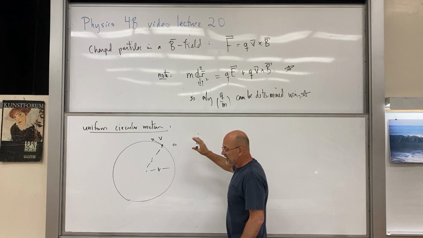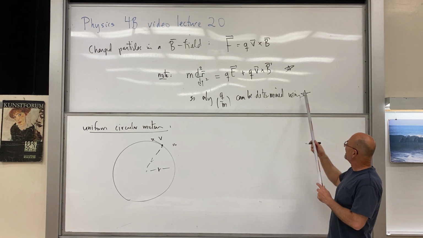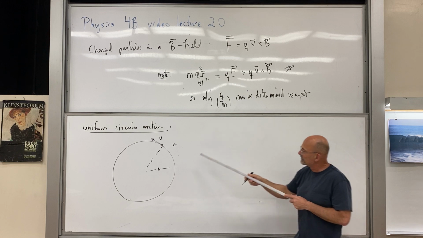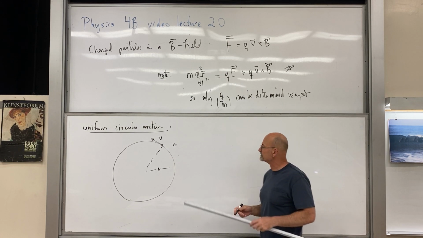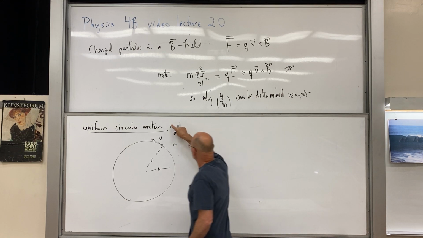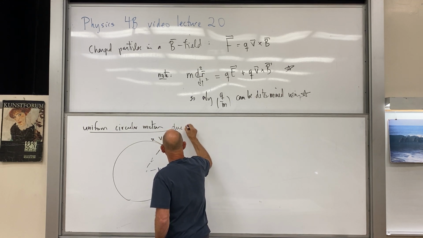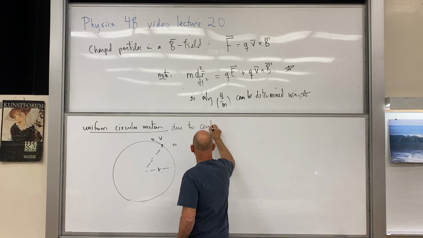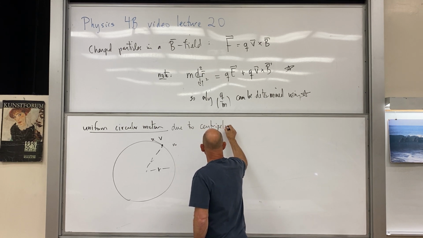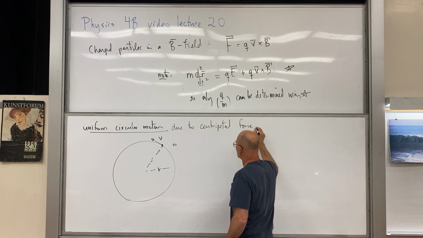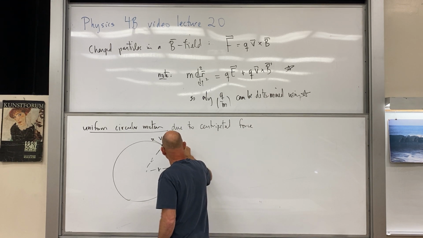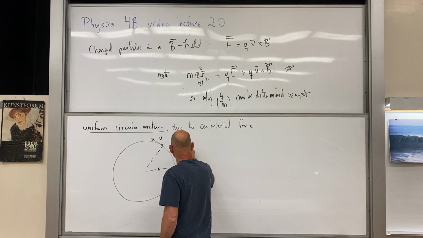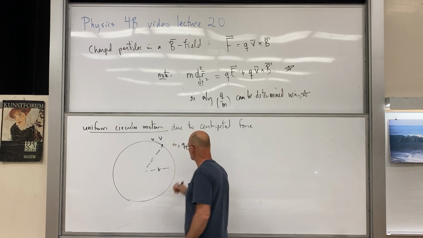We get, so a uniform field in or out of the board here gives us a centripetal force due to the centripetal force, and m, q positive.